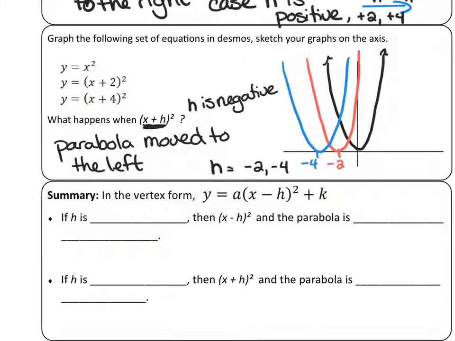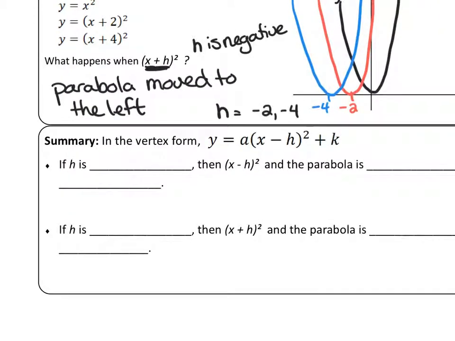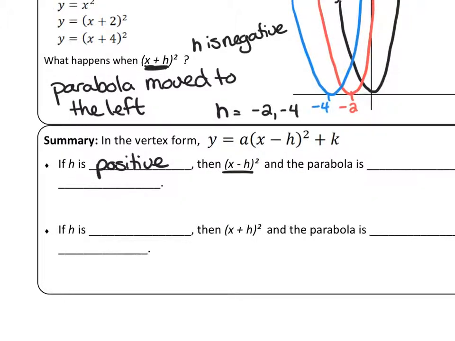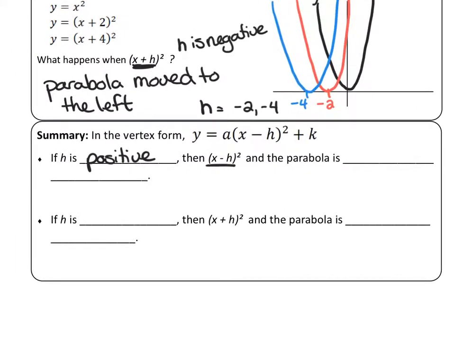So to summarize the h part of it, in the vertex form, y equals a bracket x minus h squared plus k. If h is positive, then x minus h, so h is positive in this case, and the parabola is translated, again moved, translated to the right, h units.